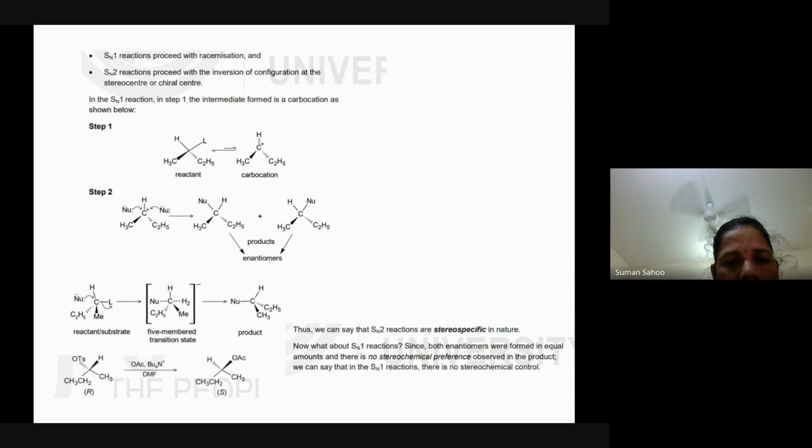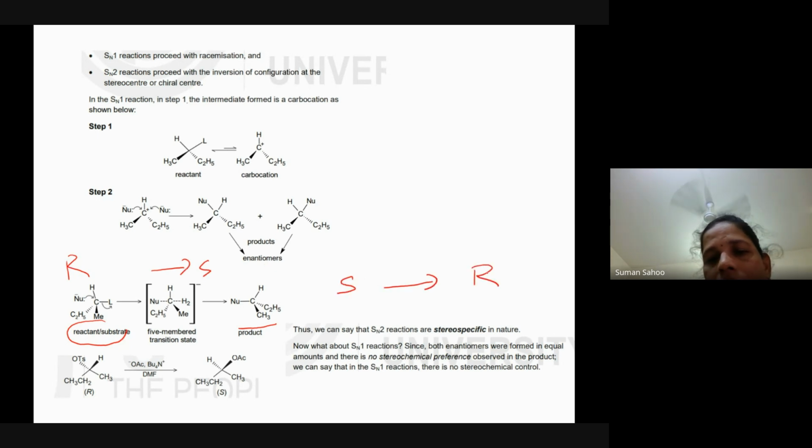Suppose we take the nucleophilic substitution in SN2 mechanism. In that case, when you are taking this reactant or substrate, you are going to get only the inversion in configuration. Suppose you start with R, you will always get S, or if you start with S, you would always get R. So the stereochemistry of the starting material determines the stereochemistry of your product. That reaction is known as stereospecific.